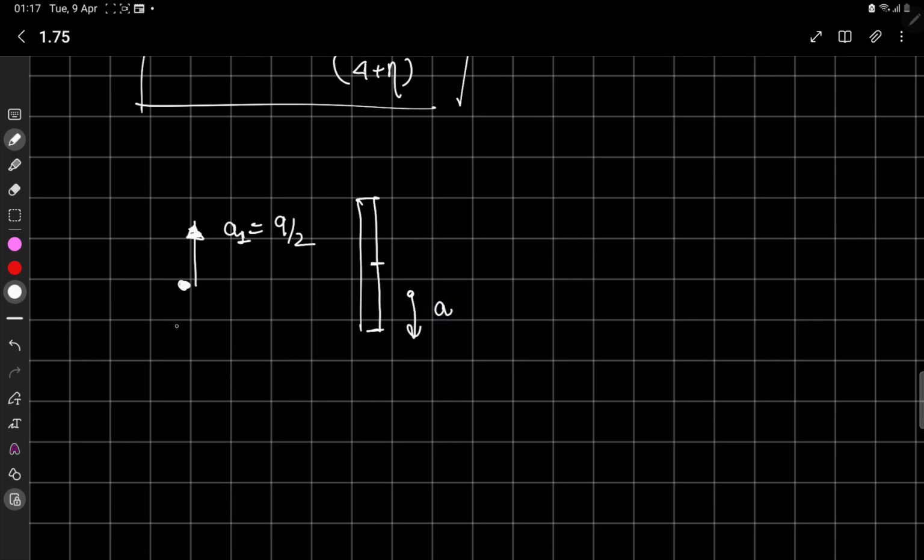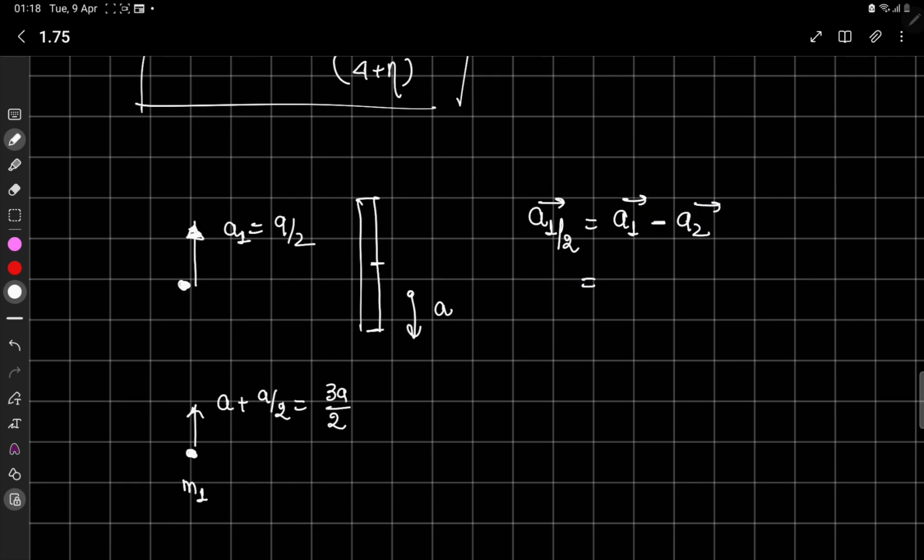So if we stop this, then this particular mass m1 will move with an acceleration of a plus a by 2, that is 3a by 2, because the acceleration of body 1 with respect to 2 is equal to the acceleration of body 1 minus the acceleration of body 2.